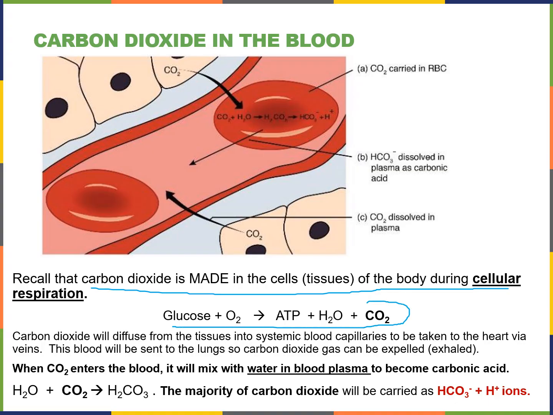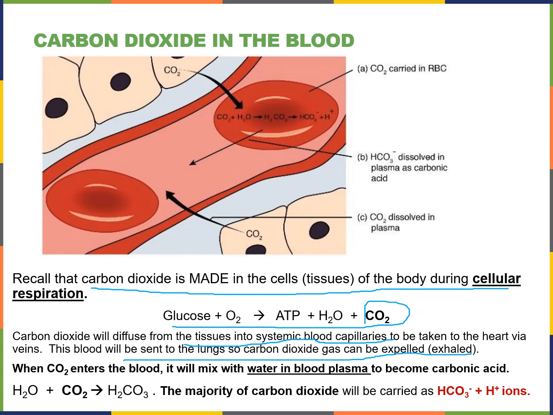So here's carbon dioxide as a product. Carbon dioxide will diffuse from the cells, the tissues of the organ, into systemic blood capillaries. So this is now when we call it deoxygenated blood being returned to the heart by all the veins except the pulmonary veins, right? And so yes, this blood is sent to the lungs, so carbon dioxide gas can be exhaled.